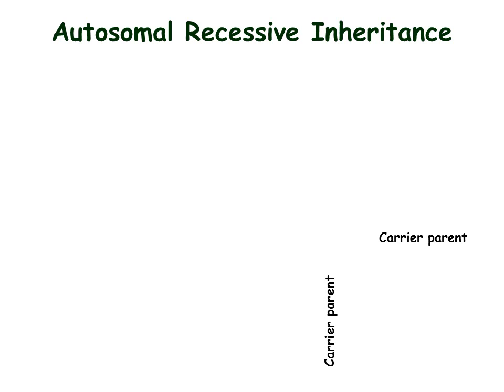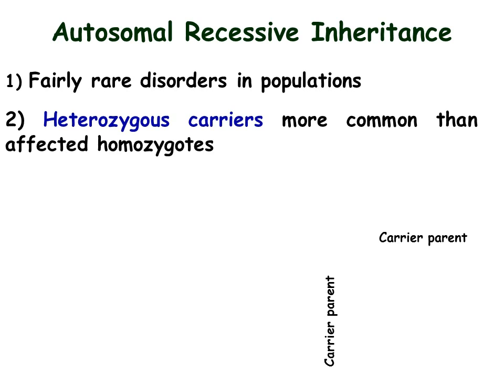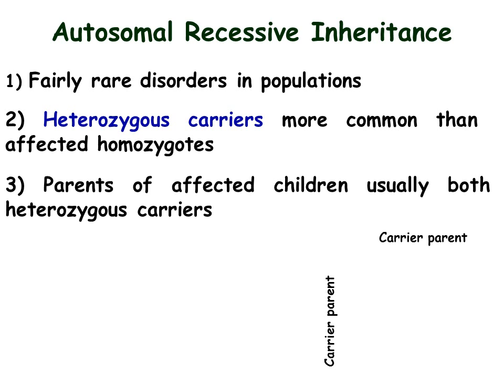So let's talk about some patterns of inheritance, and we'll start off with autosomal recessive inheritance. This means that because it's recessive, it's fairly rare in a given population. However, the heterozygous carriers are going to be more common than the affected homozygotes.